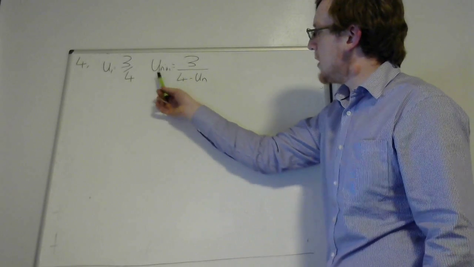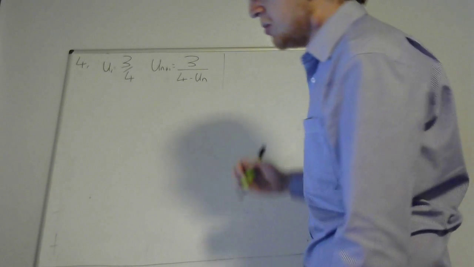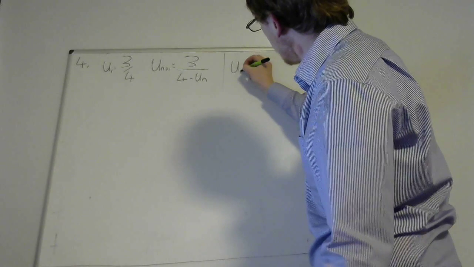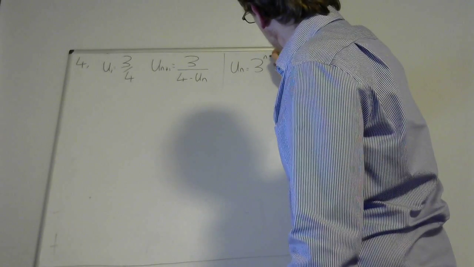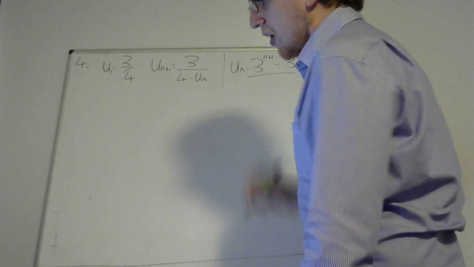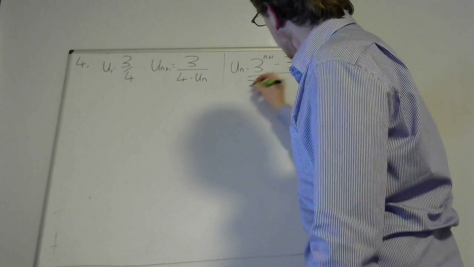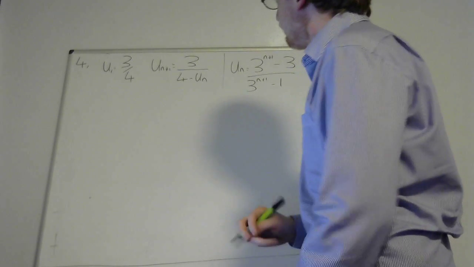And what we want to do is prove that this iterative definition is equal to just a regular old definition, that the nth term is equal to 3 to the power n plus 1 minus 3 over 3 to the power of n plus 1 minus 1.